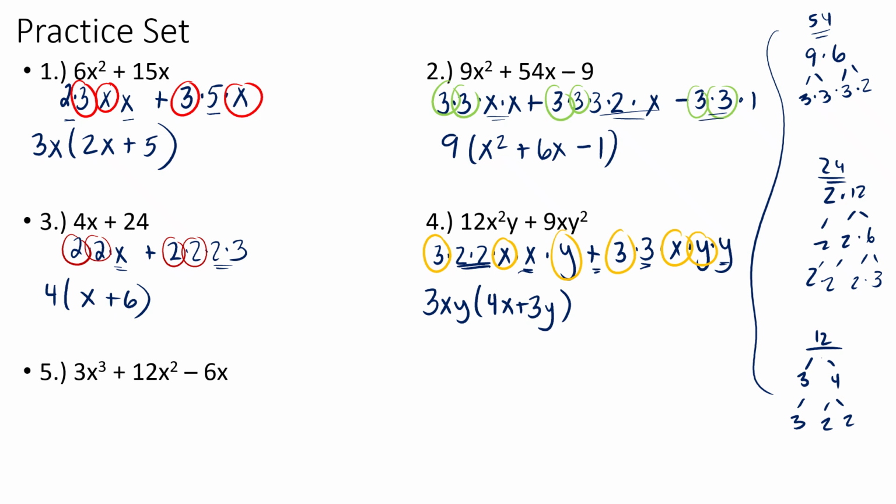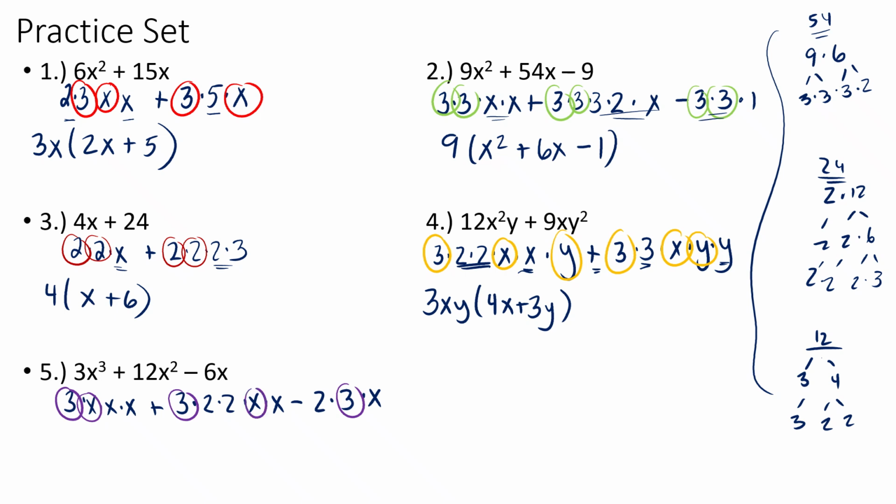All right, and for number 5, we've got 3, and then we have 3 x's there. The 12, I just did the prime factorization on 12. That's 3 times 2 times 2, so we're not going to reinvent the wheel. 6 factors into 2 times 3, and then we have the x. So what do we have in common? I see that we have a 3 in common, and we have an x in common.